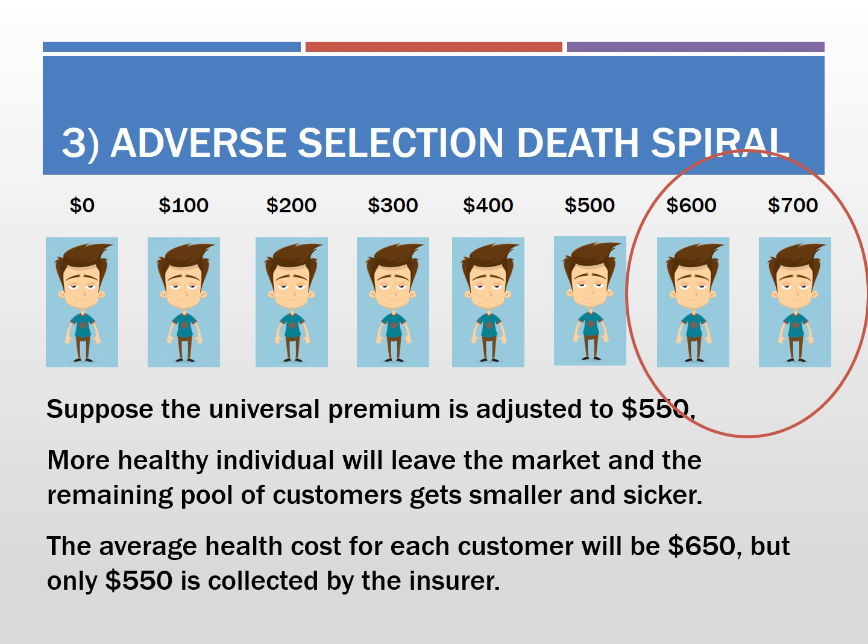So the average healthcare cost for each customer will now go up to $650, but only $550 is being collected by the insurers. And obviously, again, it will get into a cycle again.